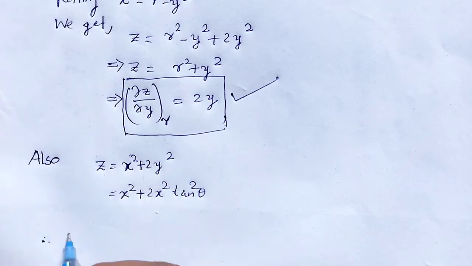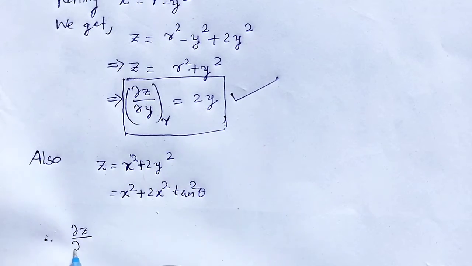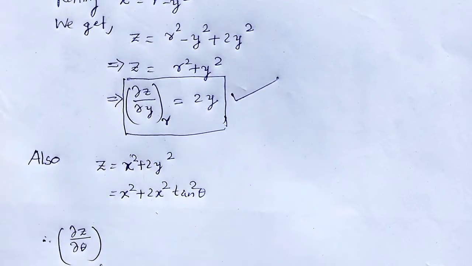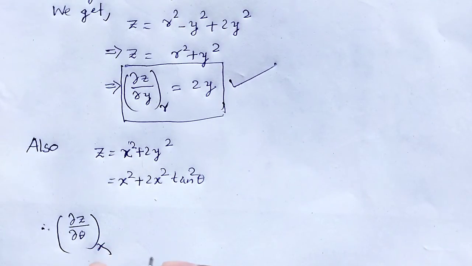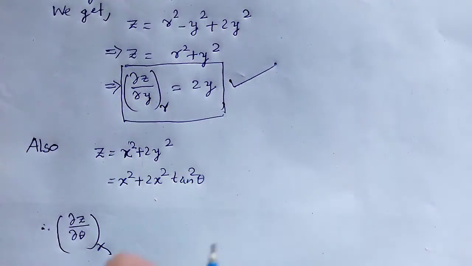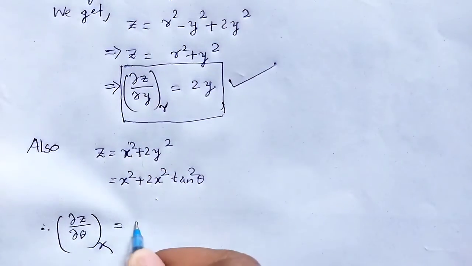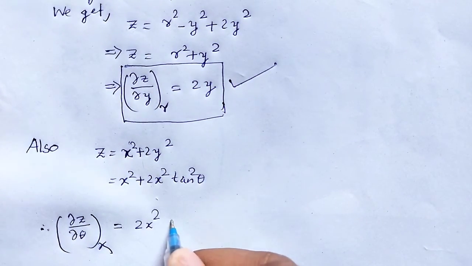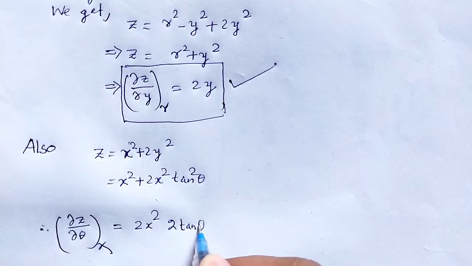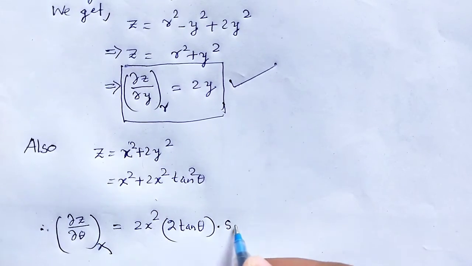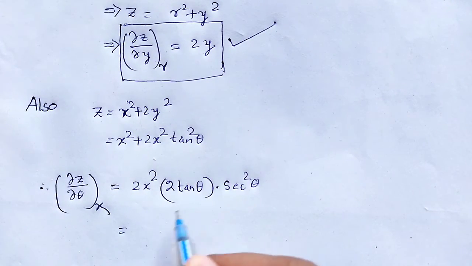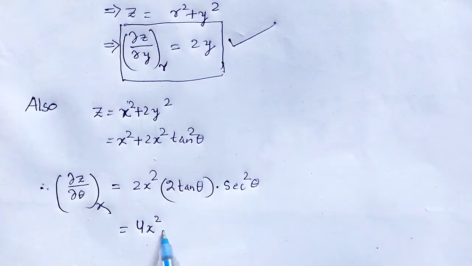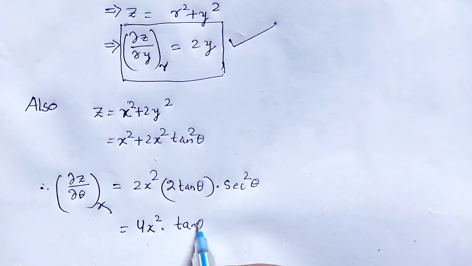Therefore del z by del theta, that is the partial differentiation of z with respect to theta whereas x is constant, is equal to 2x square tan theta into sec square theta, that is 4x square tan theta.